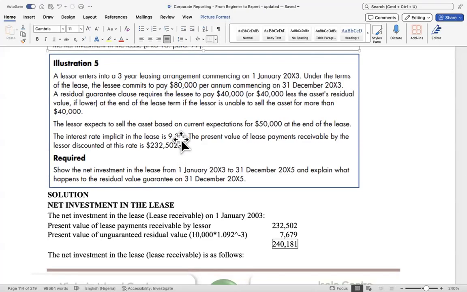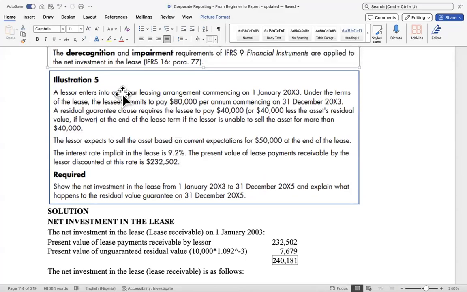Looking at this question, they told us that a lessor enters into a 3 year leasing arrangement, and the commencement date is January 2003. So the lessee pays 80,000 every year, at the end of every year. The lessee guaranteed the lessor 40,000.